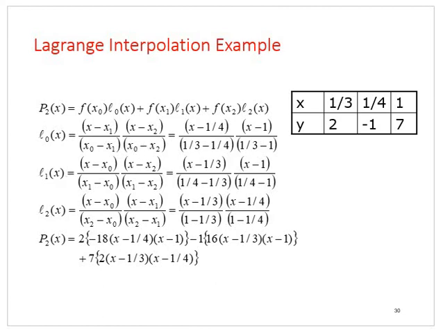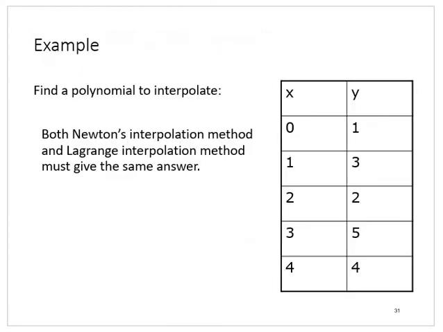So let's look at our new example with more points. In this example, we have to use both Newton's interpolation and the Lagrange method. For the Lagrange method, we will be multiplying more than two factors because this one has 1, 2, 3, 4, 5 points.